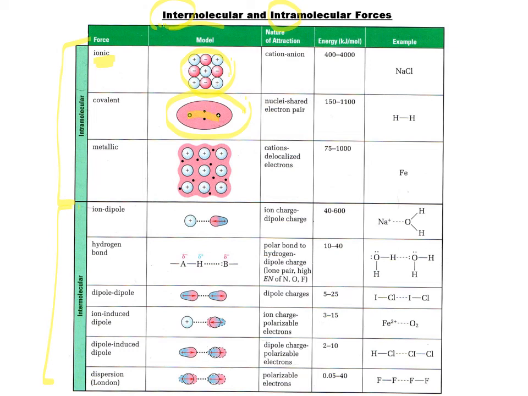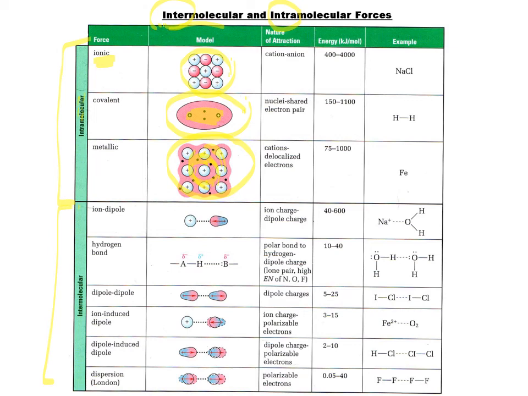It is the force within the molecule that holds those two nuclei together. That is a covalent bond. And metallic bonding is what holds metal atoms together into a clump of metal. And again, it's not really a molecule, but the idea is that it's within this type of substance here. So that's where the intra part comes from, even if the molecular part doesn't quite fit for all of them.